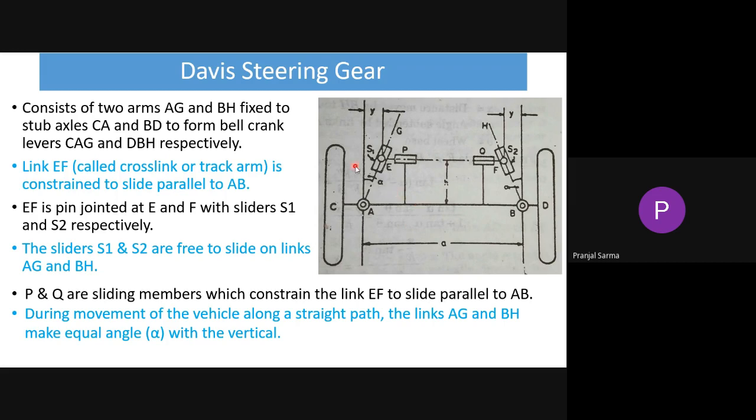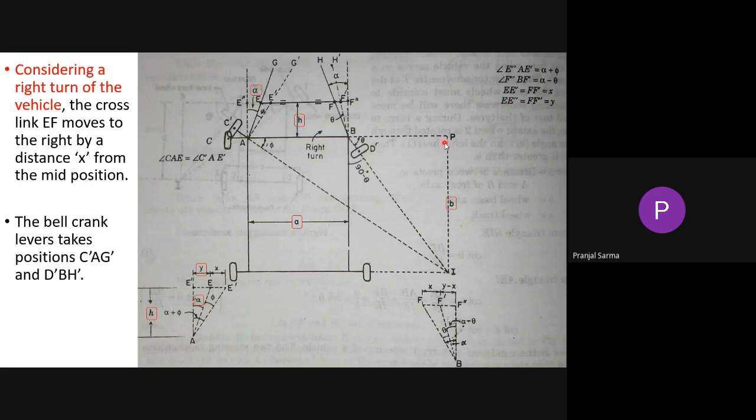So if it is in the mean position, that means it is just going forward, this angle and that angle is alpha. Let's consider it is taking a right turn. This is the front portion, this is the back portion, and the front side is exaggerated in the lower figure. Previously the wheels were here and here, the two initial positions.